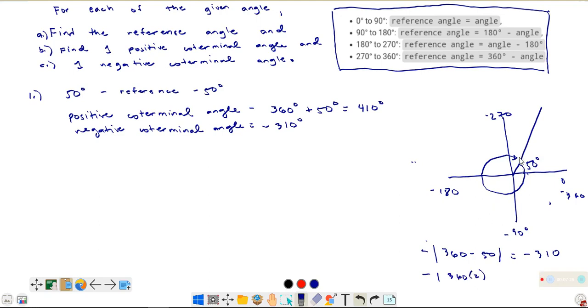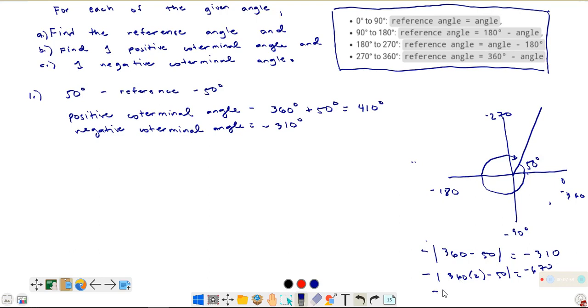Kung gusto mo almost dalawang revolution siya, pero hindi siya umabot because of the 50. 720 minus 50, kasi nakadalawang revolution, 360 times 2, almost, minus 50. You will end up with negative 670 degrees. And this is also coterminal with 50. Okay? So, I hope that was clear.